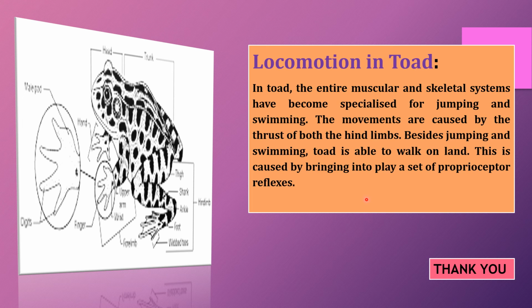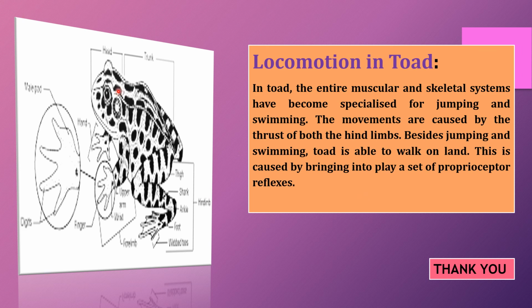So in toad, this type of reflex happens in their limbs, hind limbs and forelimbs, because of these four limbs. Four means FOUR: 1, 2, 3, 4. Two forelimbs and two hind limbs. They can walk also. They can swim as well as they can jump. So these are called proprioceptor reflexes.